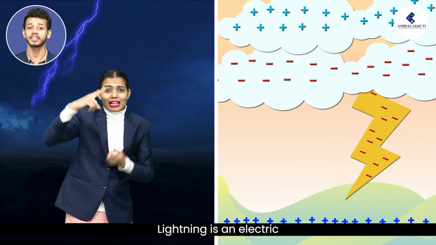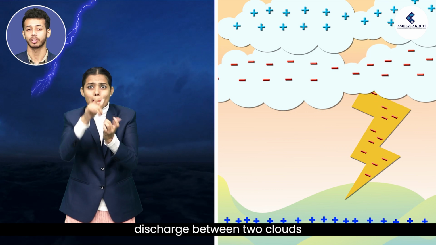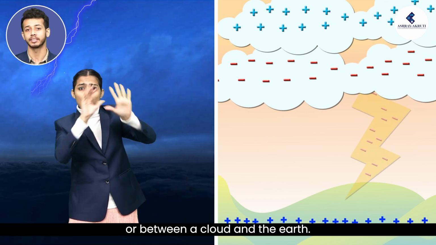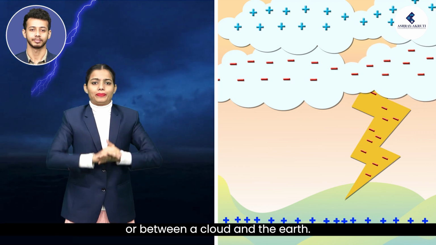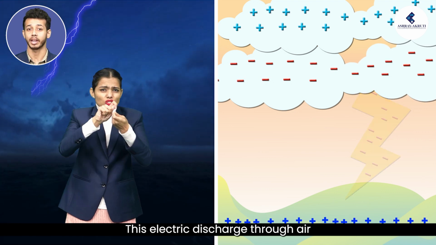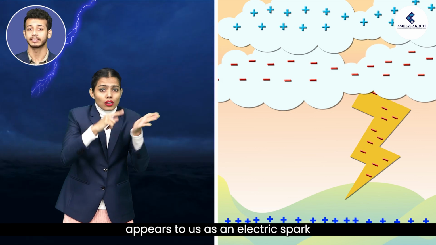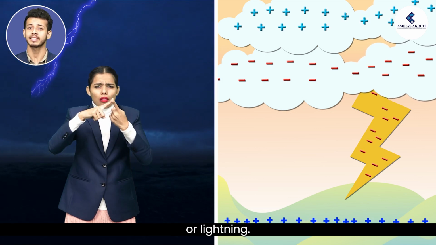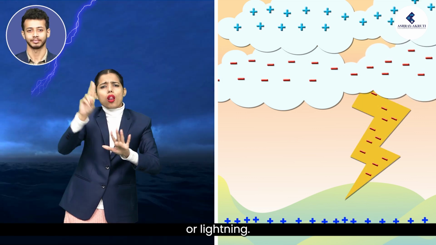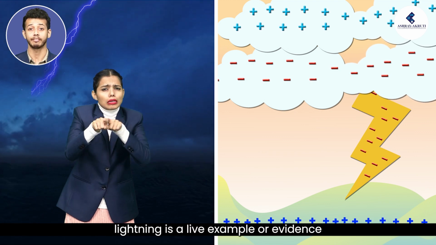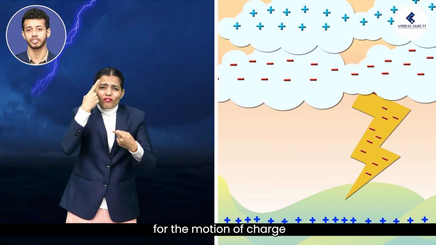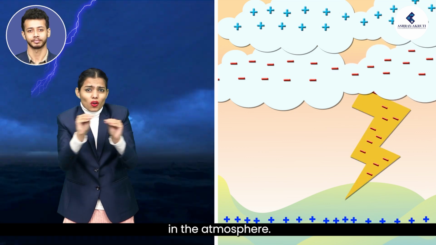Lightning is an electric discharge between two clouds or between a cloud and the earth. This electric discharge through air appears to us as an electric spark or lightning. Thus, lightning is a live example or evidence for the motion of charge in the atmosphere.